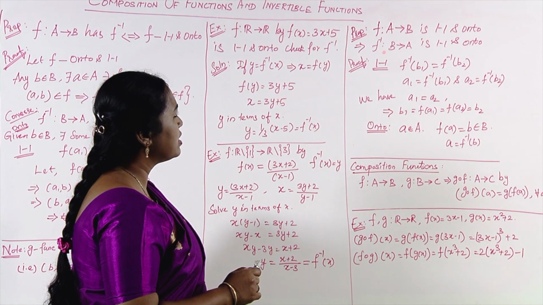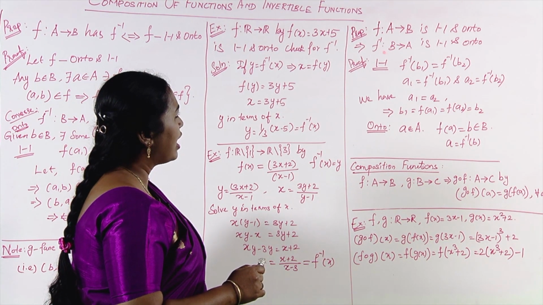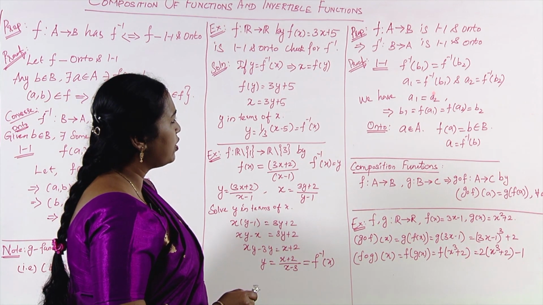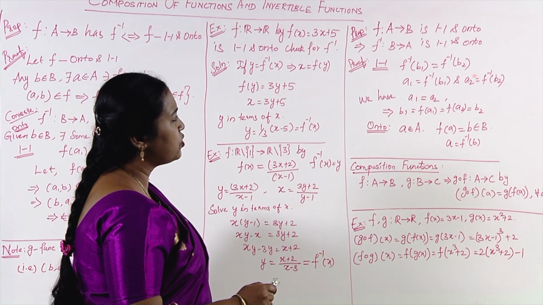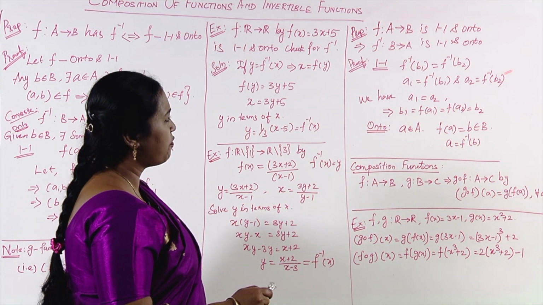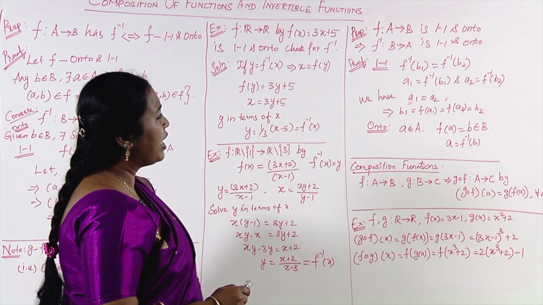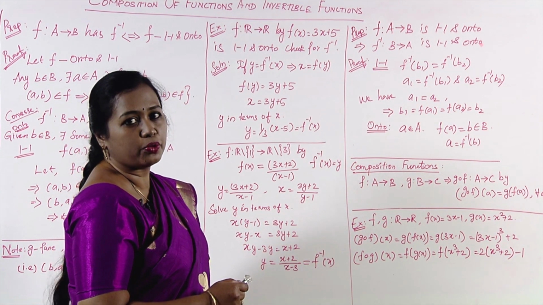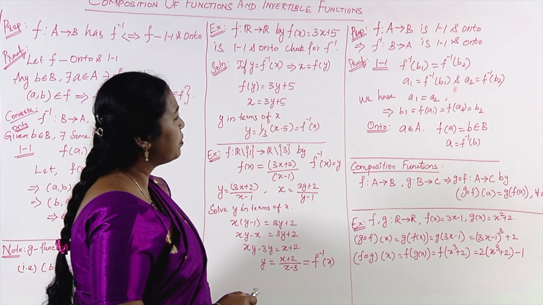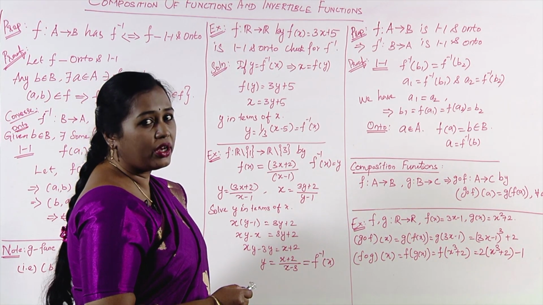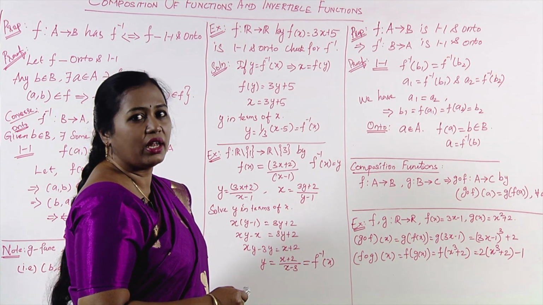Because f inverse is from b to a, naturally f inverse of b1 should be an element inside a, therefore a1 is equal to f inverse of b1 and a2 is equal to f inverse of b2. Now, why do we have a1 equal to a2? Because f is 1-1 and onto. Hence f of a1 equal to f of a2 would mean that a1 is equal to a2.